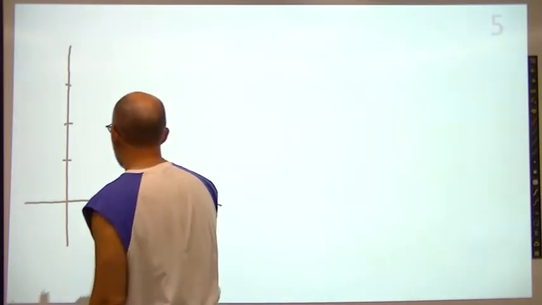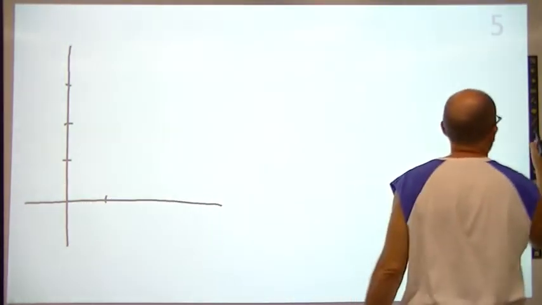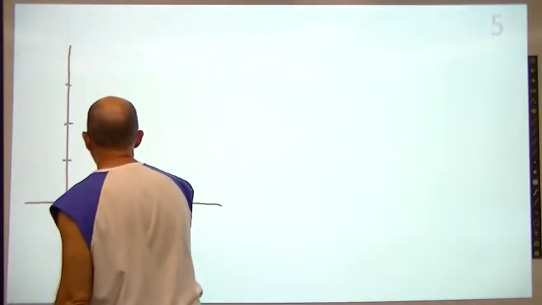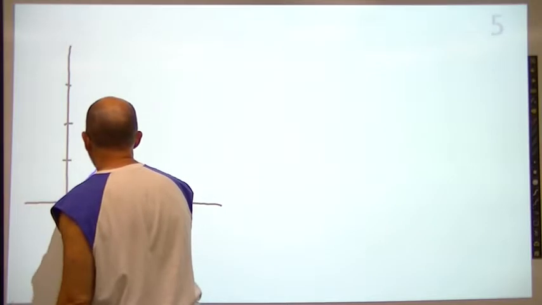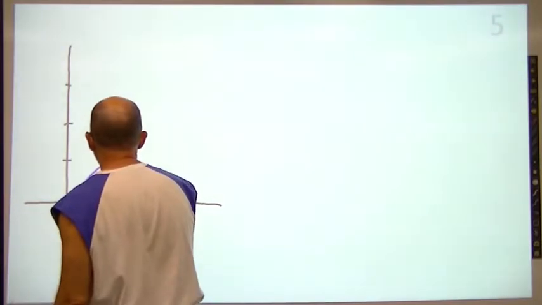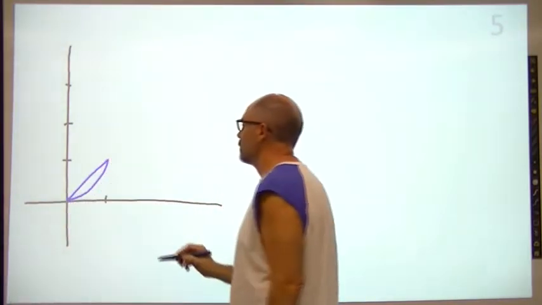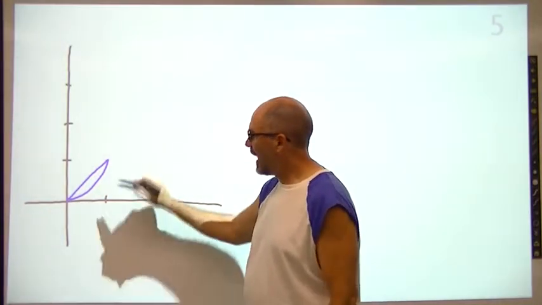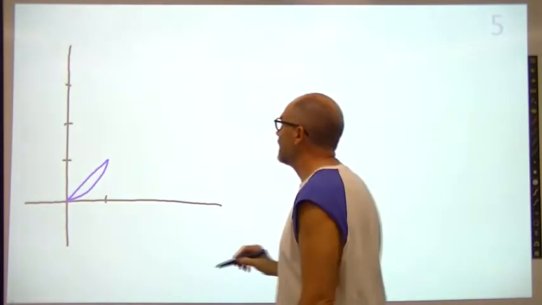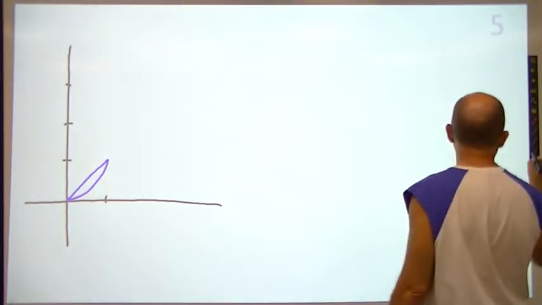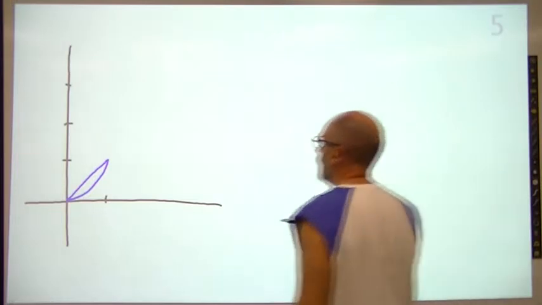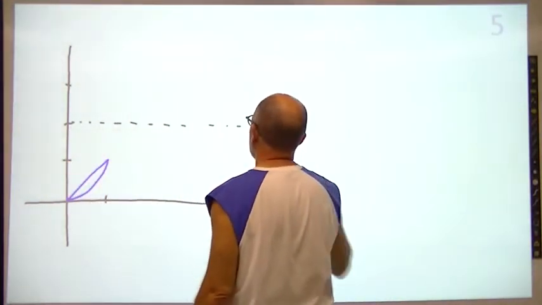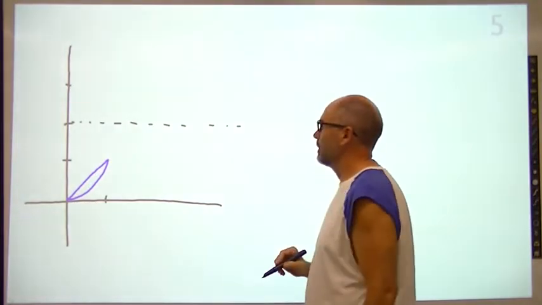All right. Here's our original graph. We've got y equals x and y equals x squared. That's our original graph. Now, instead of rotating this around the x-axis, we're rotating this around the line y equals 2. So here is my new axis of rotation.